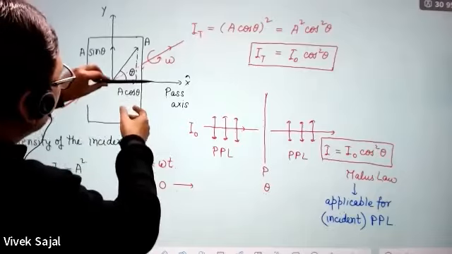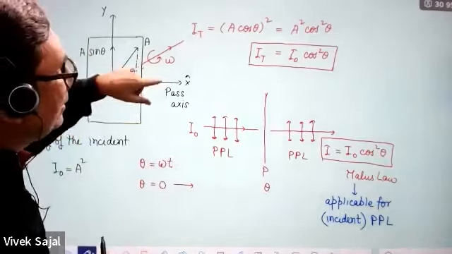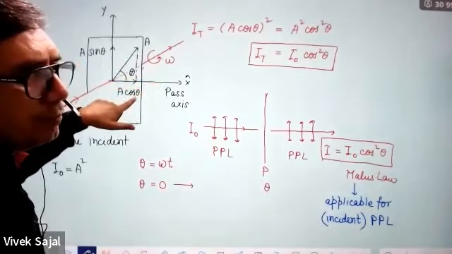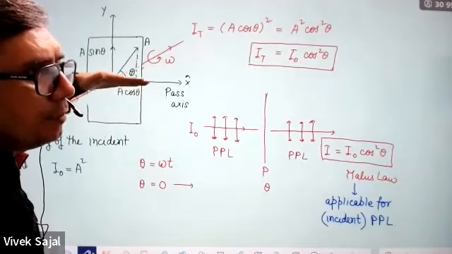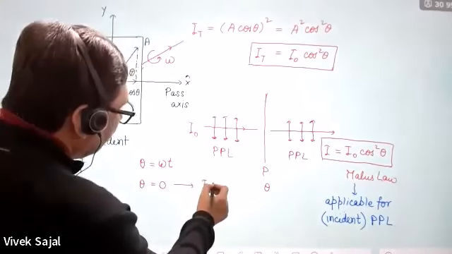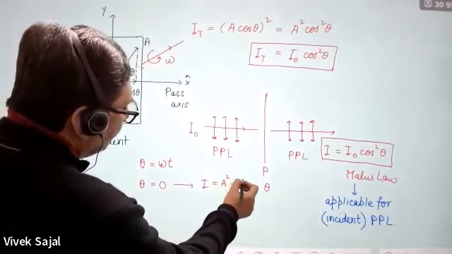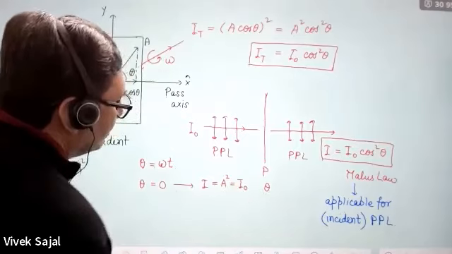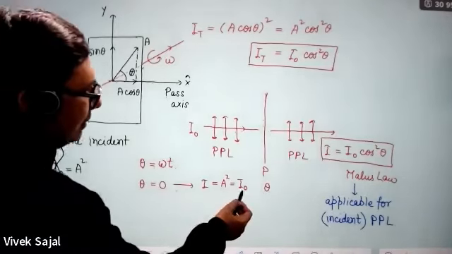So this complete electric vector is going to pass. Theta is 0, so cos 0 will be 1. On the other side, the electric vector amplitude will be A. So what will be the intensity? You are going to have intensity on the other side as A square, or I naught, the maximum intensity.